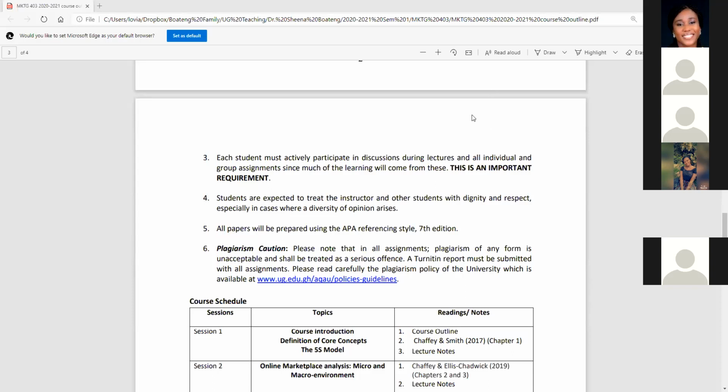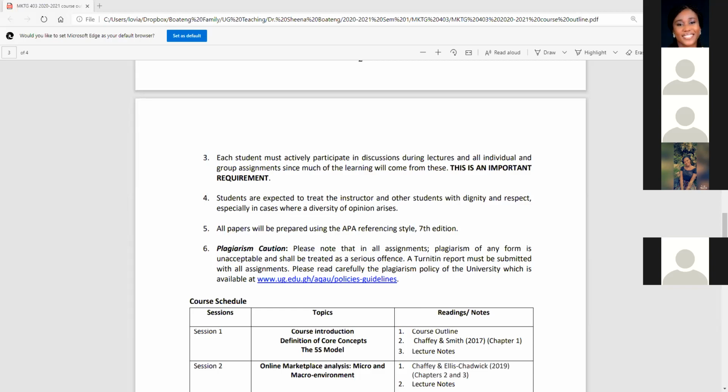Make sure you paraphrase them before you put them together to submit in the form of an assignment. This is very important because any plagiarized work can amount to a fail. And we will know because every assignment you submit will be run through the Turnitin plagiarism checker. So make sure that you do not plagiarize anything that you submit.